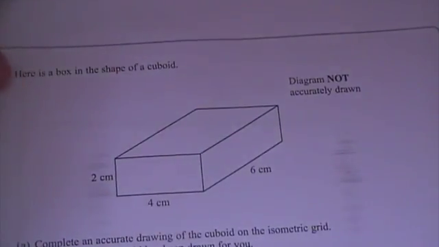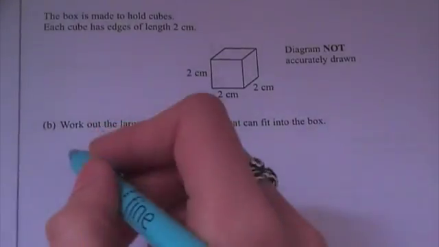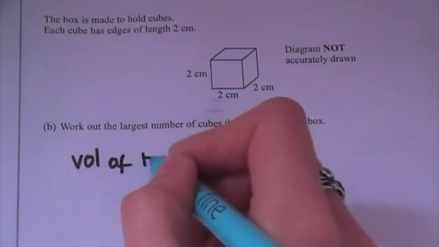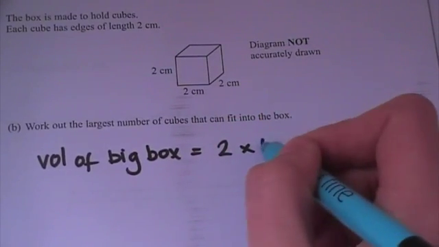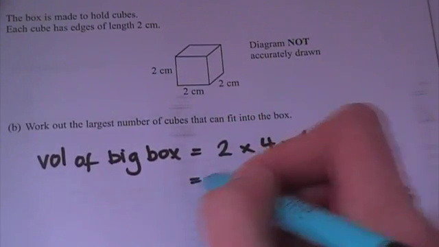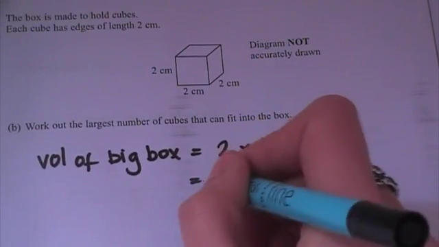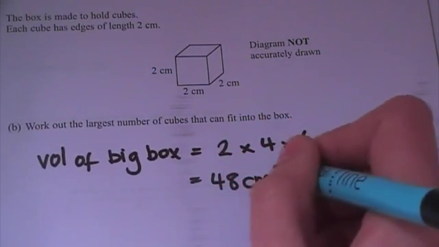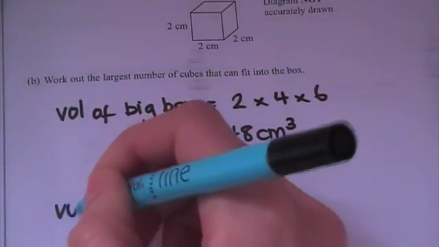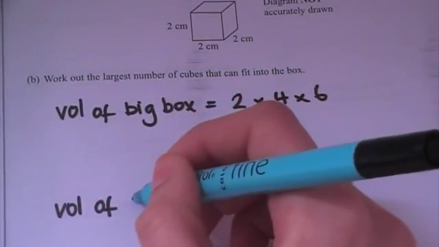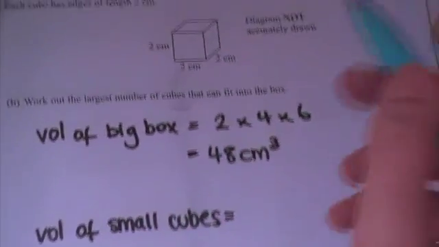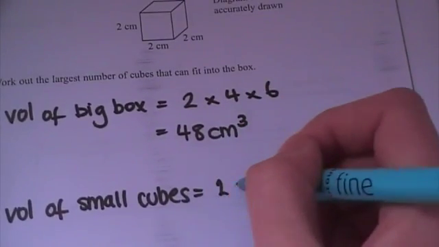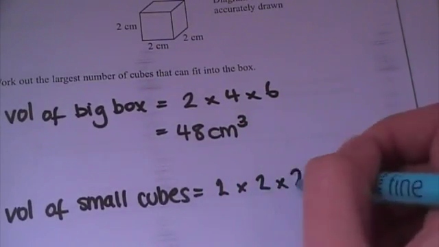So if we take our measurements from our bigger box of 2, 4 and 6, the volume of the big box was 2 times 4 times 6. So 2 times 4 is 8, times 6 is 48 centimetres cubed. If we work out the volumes of our small cubes, that's going to be 2 times 2 times 2.